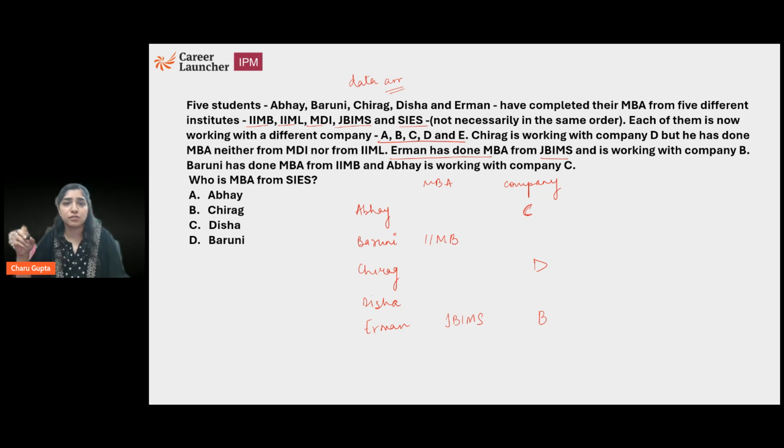One indirect piece of information that is given to us is that Chirag has done MBA neither from MDI nor from IIML. This is for Chirag. Now he has done MBA from neither of these two colleges, and IIMB and JBIMS are already taken. So only one college is left, which is SIES.